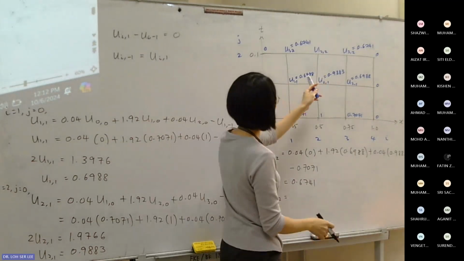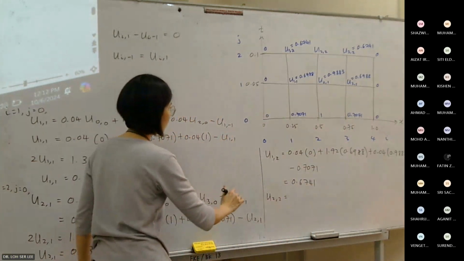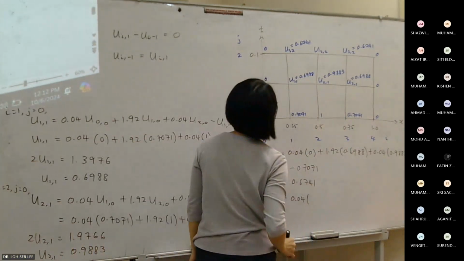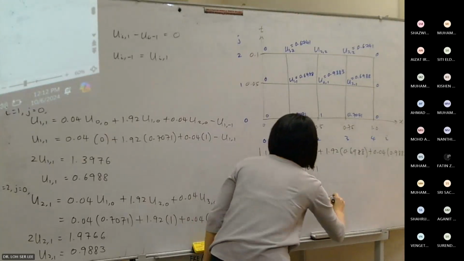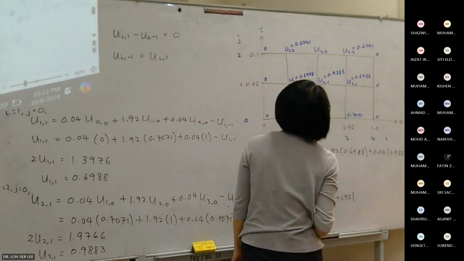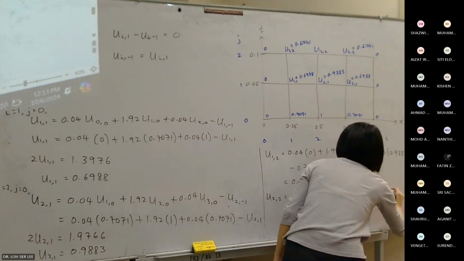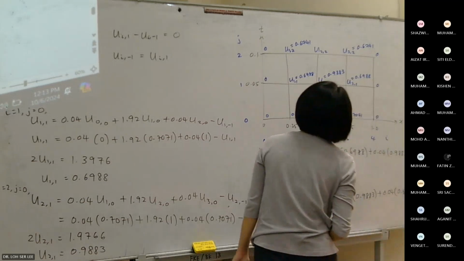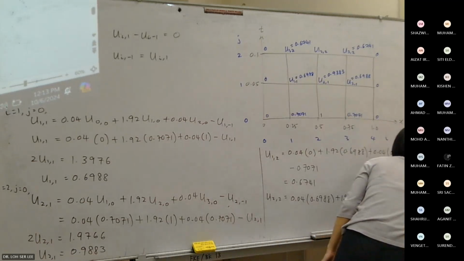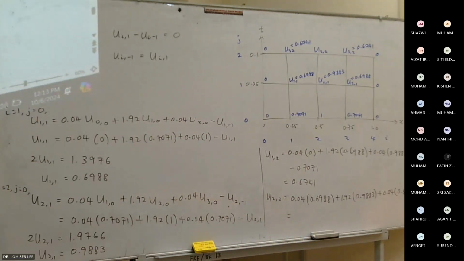Okay, U22, that's the name. 1, 2, 3, 4. 0.9534.